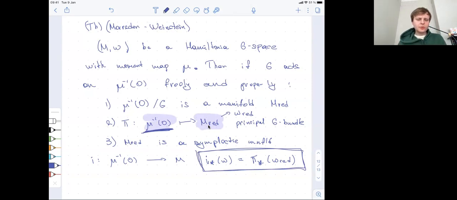Okay, so in particular, what the Marsden-Weinstein theorem says is that when we have a good group action by symplectomorphisms with the moment map, then we can do the reduction with respect to the 0 locus of this moment map. And when we perform such reduction, we again obtain a symplectic manifold.